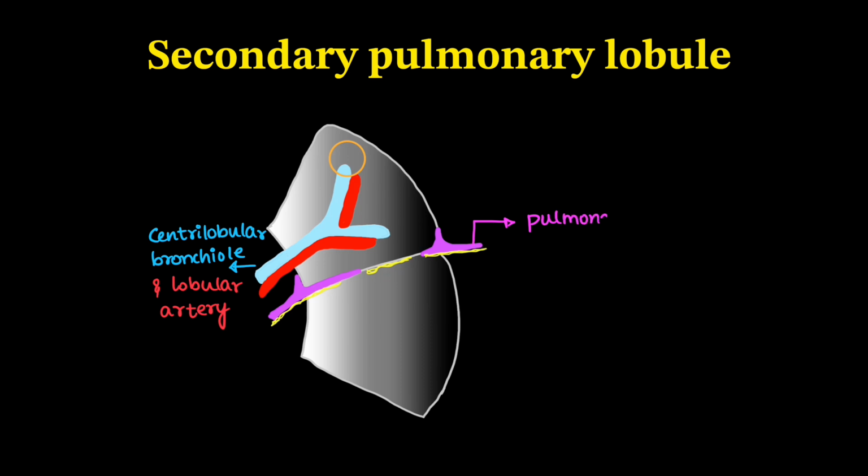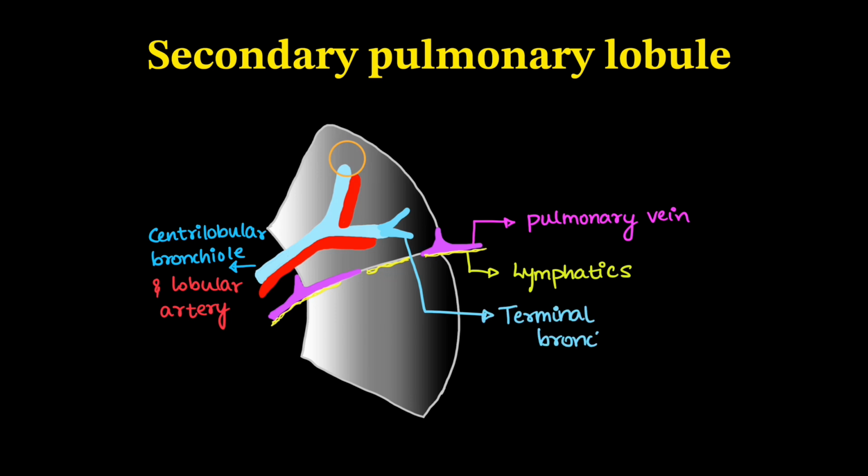Within the interstitium or the pulmonary septa, there is pulmonary vein and lymphatics running through the septa in between pulmonary lobules. The centrilobular bronchiole divides into the terminal bronchiole, which then divides into the respiratory bronchiole.